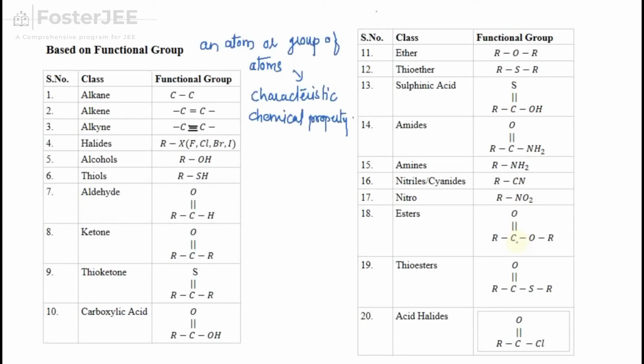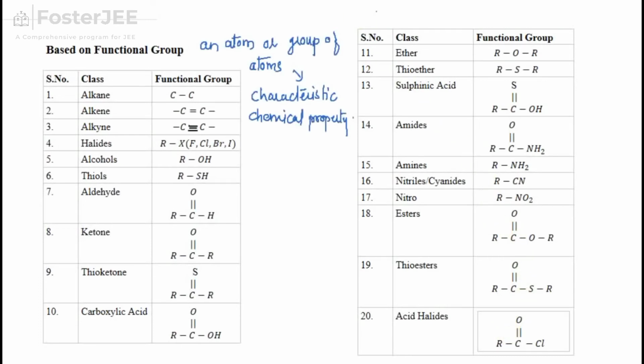So here the COO group is connected with 2 alkyl radicals. In thioester, the functional group is COS, which is connected with 2 alkyl radicals. Now the acid halides. In acid halide, the functional group is the COCl group, which is connected with 1 alkyl radical. So these are the classification of organic compounds on the basis of functional group.